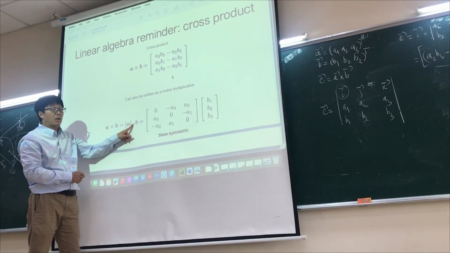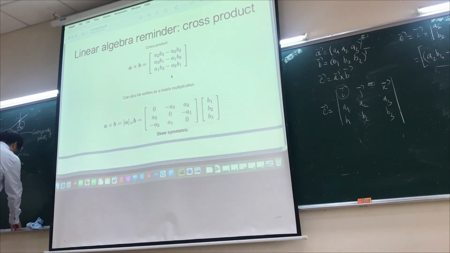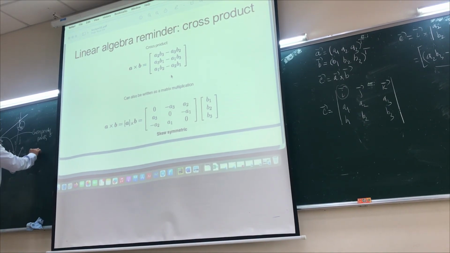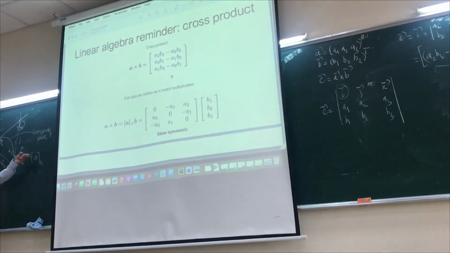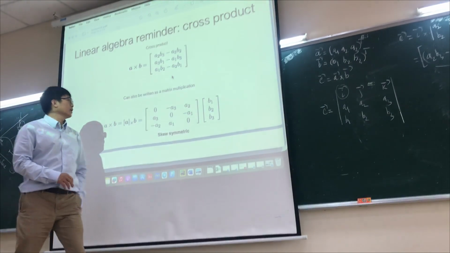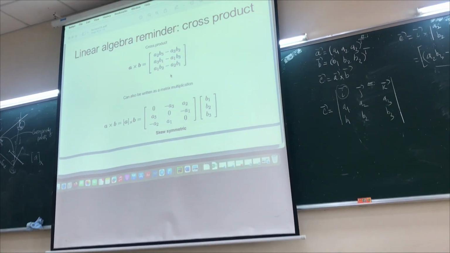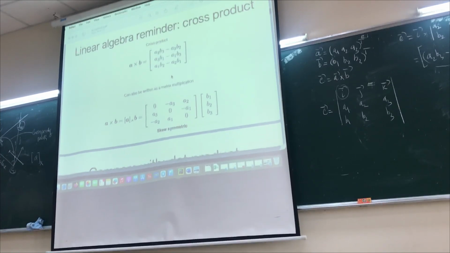Here it is not an operator, just simple notation. You build a cross-relation matrix based on A. Very simple. That is just notation. Please accept it, because if you don't listen, then I forgot.